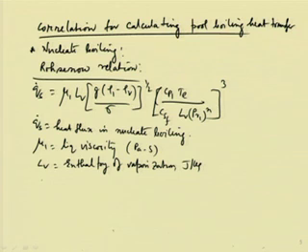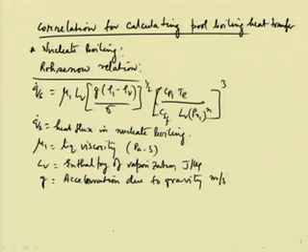Then G is the acceleration due to gravity, its unit is meter per second square.